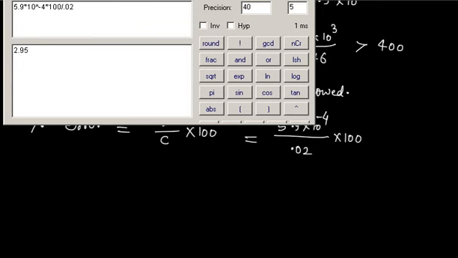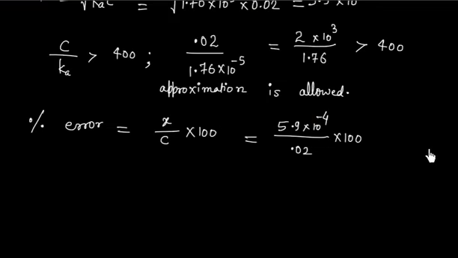So this comes about 2.95%. So we are making an error of 2.95%, that is very less error, lesser than 5%. That's why approximation is okay.